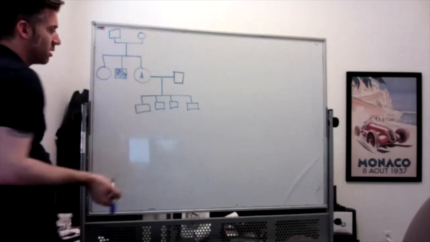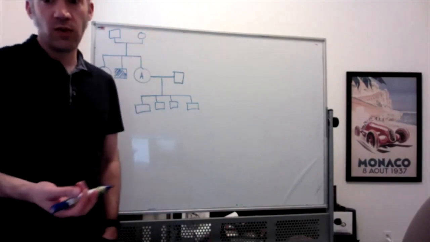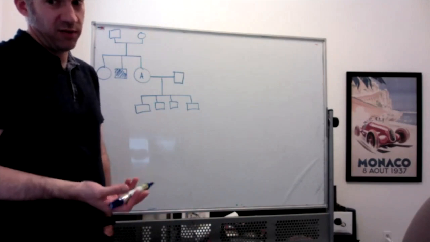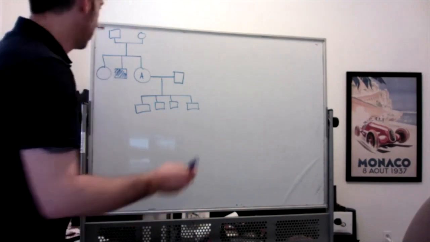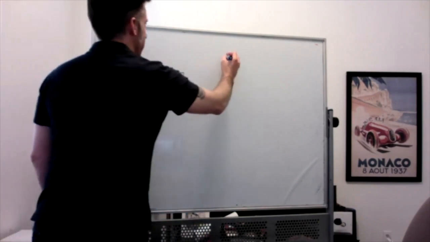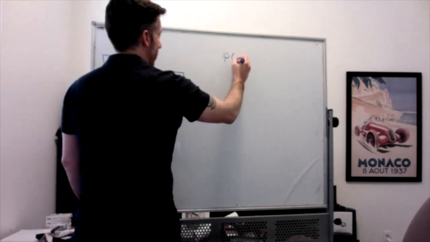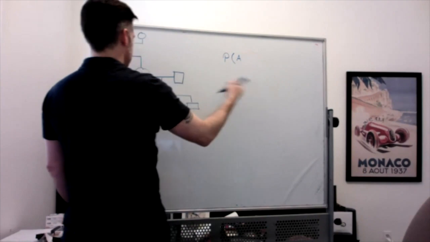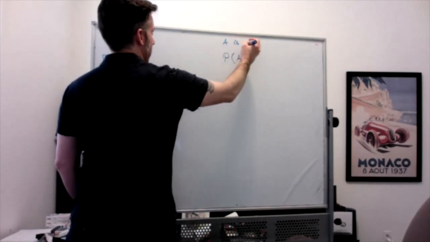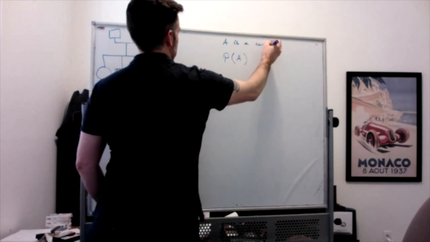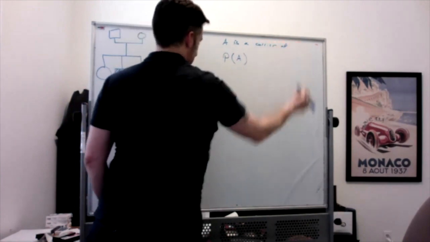So we want to know the probability that she is a carrier of the gene, the probability of A, where A is a carrier of the chromosome.